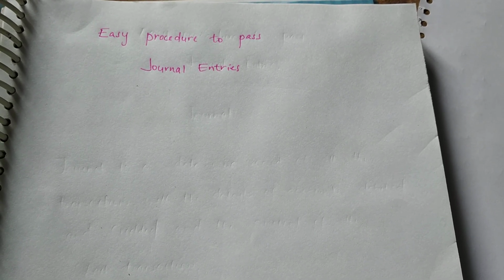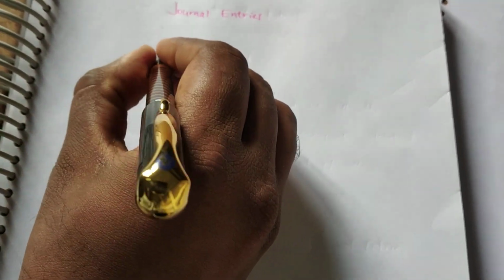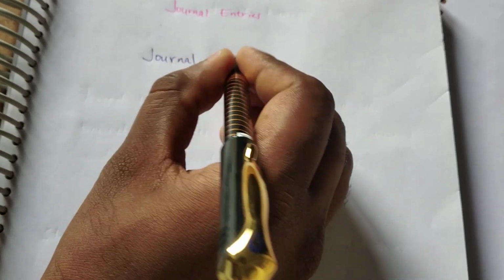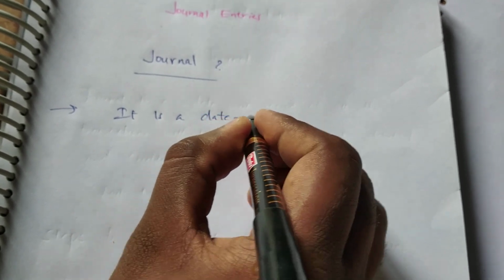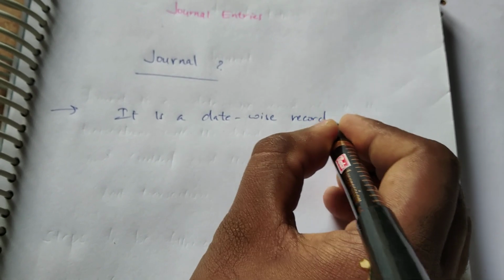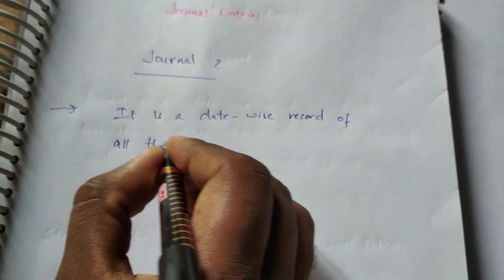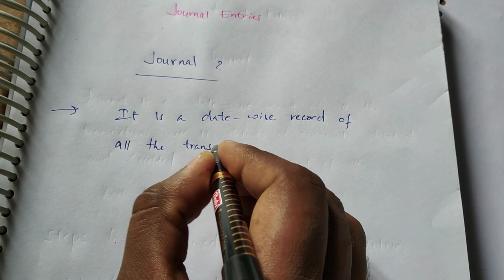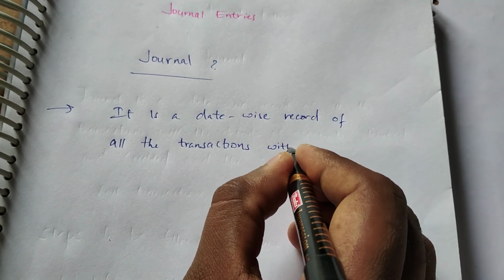First of all, let us know what is the meaning of journal. Journal is nothing but a date-wise record. What record? A date-wise record of all the transactions, with the details.